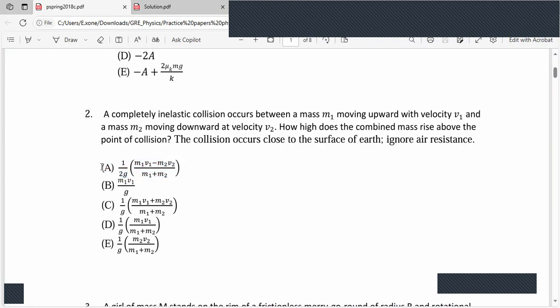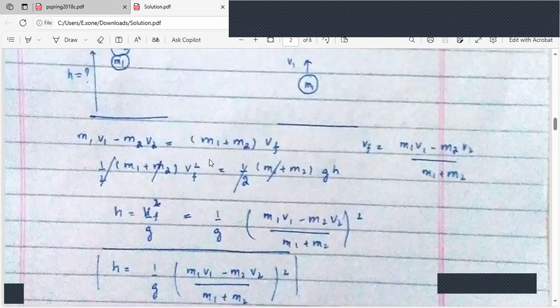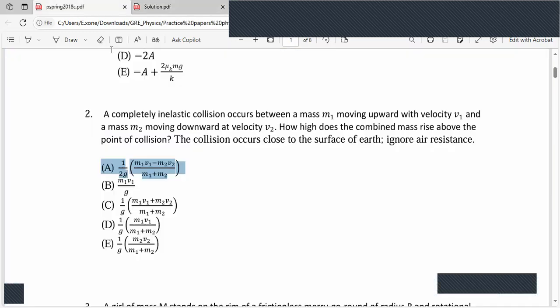I think I have made some mistake here. There is a 1 over 2, and that should not be here. The answer should have a 1 over 2g factor, and there should be a square of this quantity. So the answer is very close to this A, so we are going to consider it as the correct one.